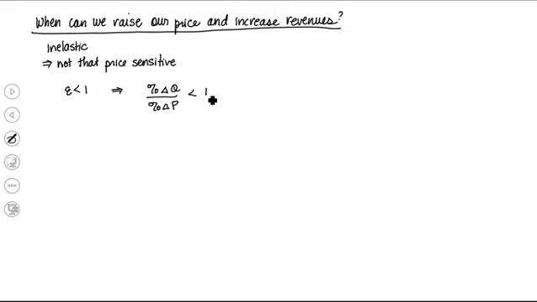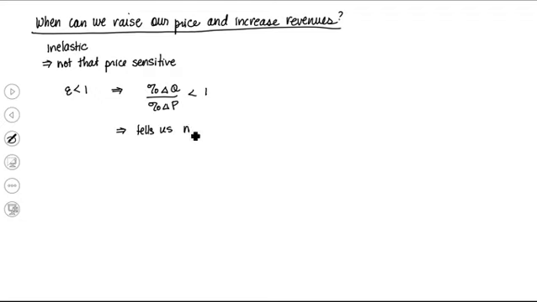So guys, what do we know if that expression is less than 1? Which has to be bigger, the numerator or the denominator? The denominator, right?